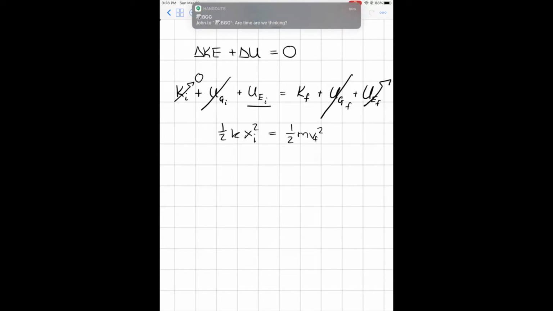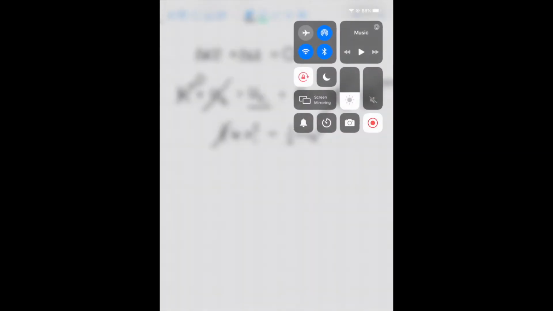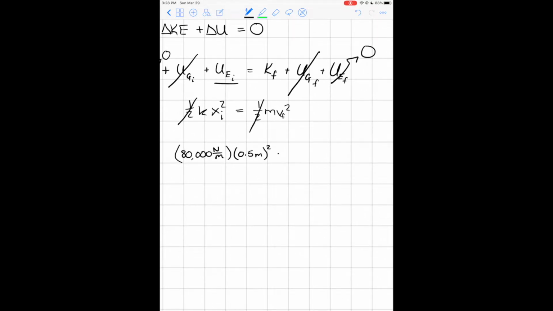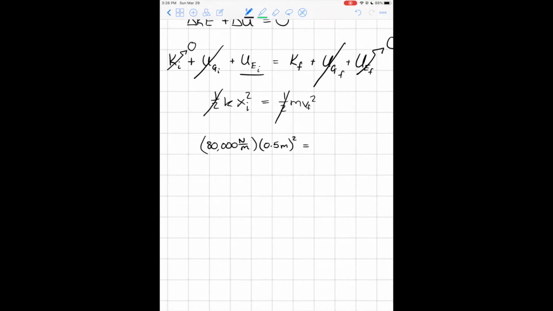So let's quickly throw in some numbers. I get 1/2 times 80,000 newtons per meter for my K value, times the 0.5 meters I compress, squared, equals, let's throw the mass on this other side here.